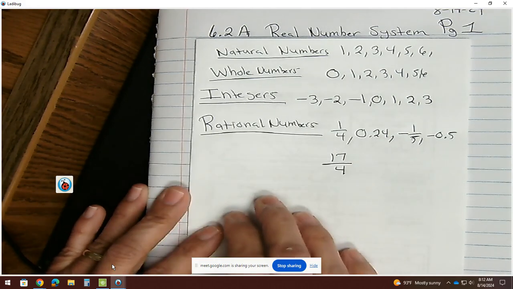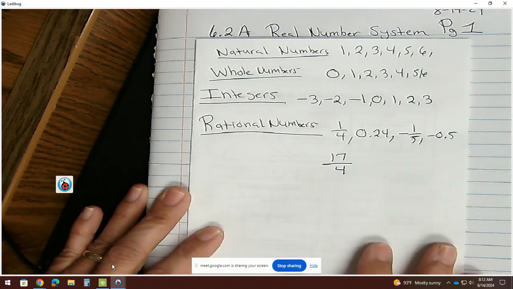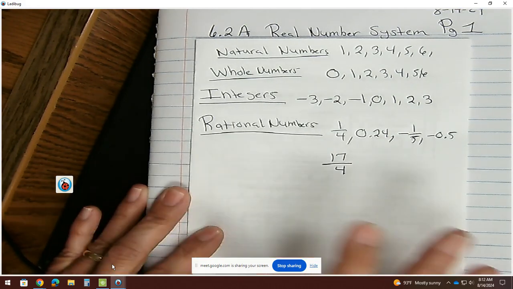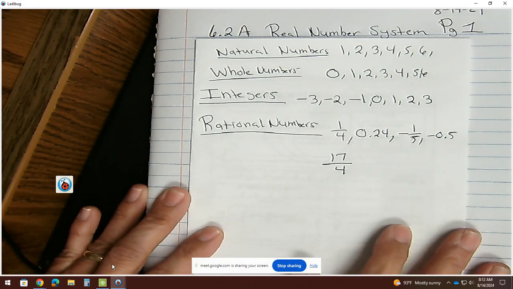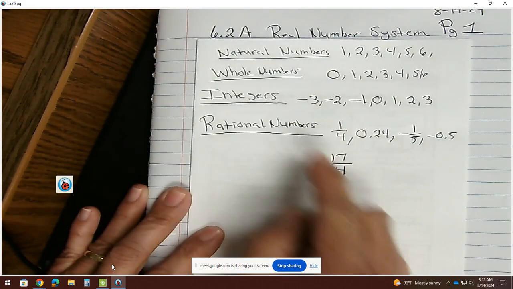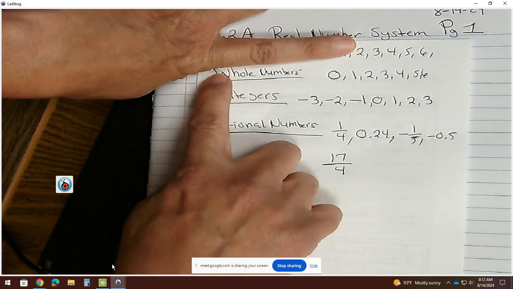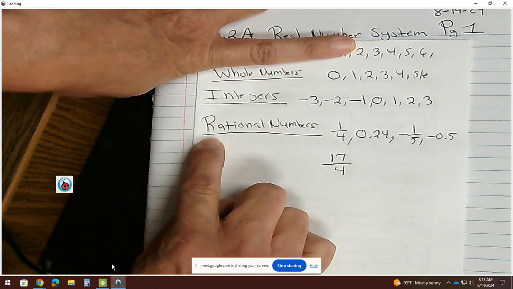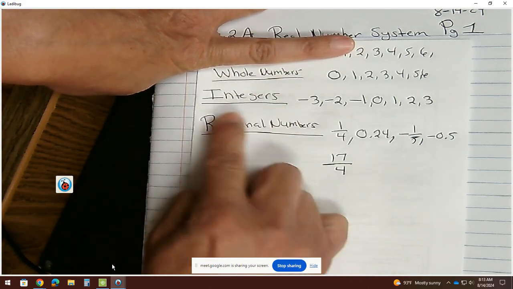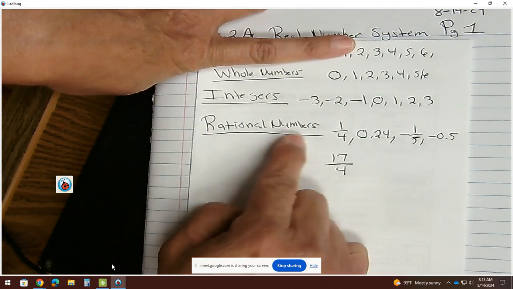And then the next ones will be real, irrational, and imaginary numbers, but that's more for algebra, 8th grade already. This is 7th grade. What we need to know in 6th grade at least is this: Walking in rain, walking whole numbers, integers, rational numbers.